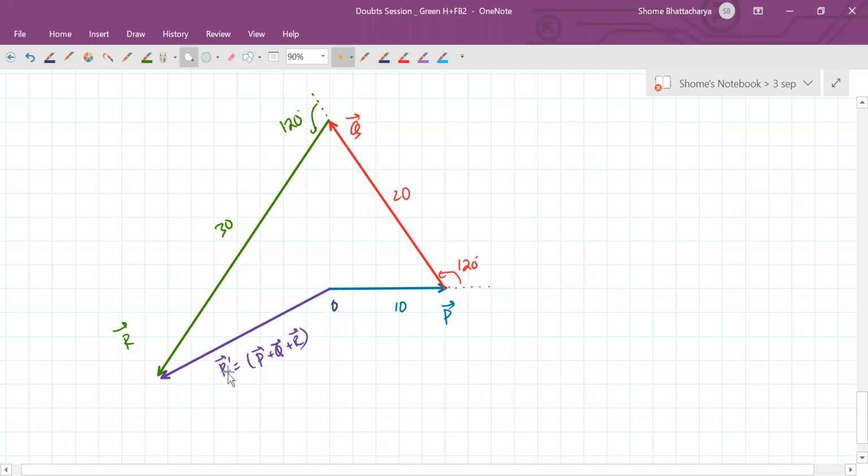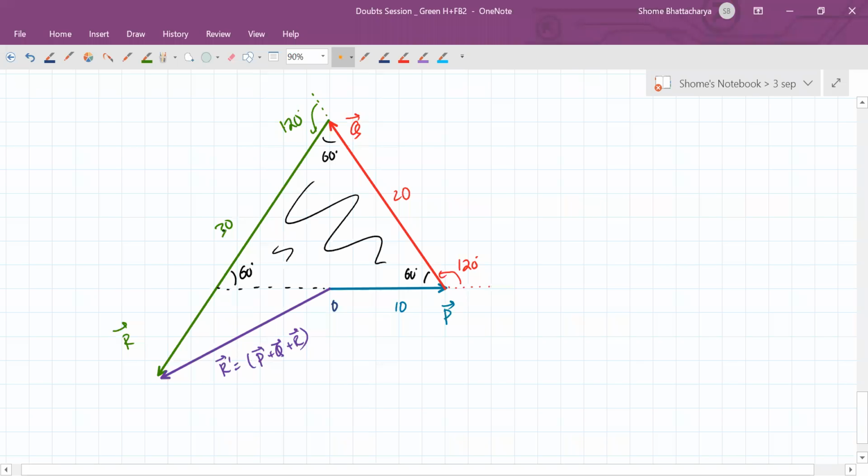Okay. So now you can see what's happening here, that to easily solve this geometrically, we can just do an additional construction here: continue this line straight. Okay. So it intersects this over here. And now when this intersects this over here, you can also see that you get a triangle like this, where this is 60 degrees, and therefore this is also 60 degrees. Okay. So therefore, this whole thing is an equilateral triangle.